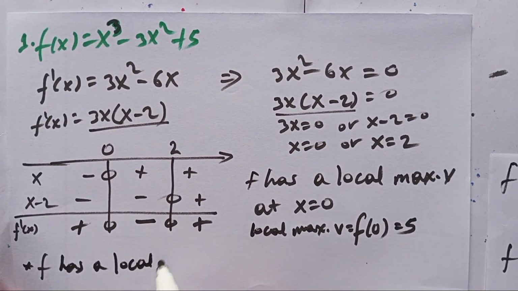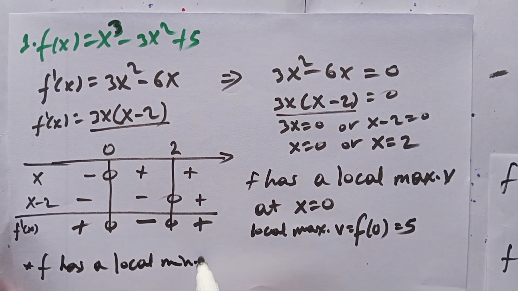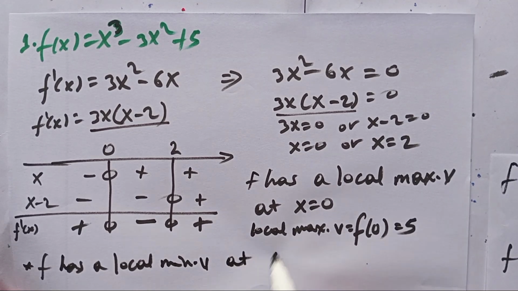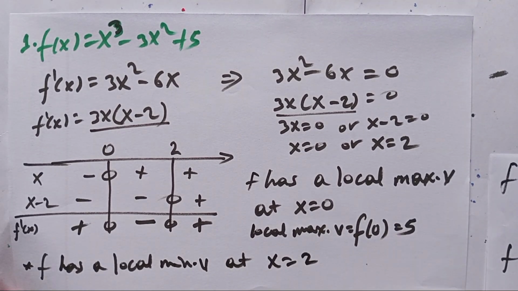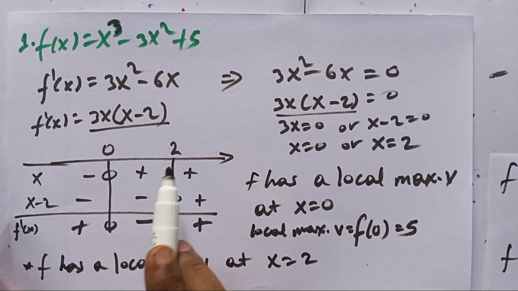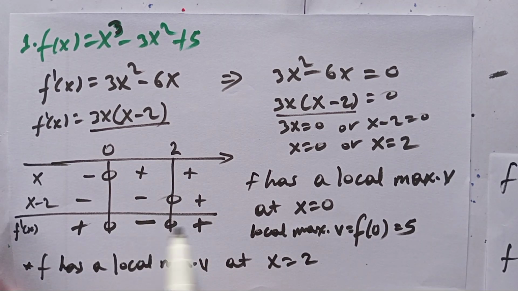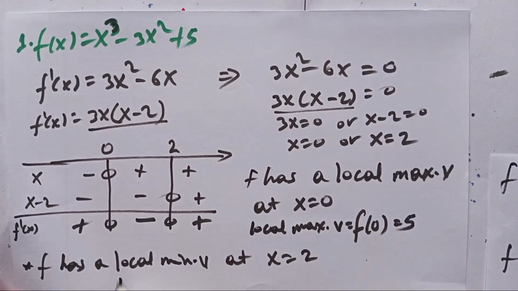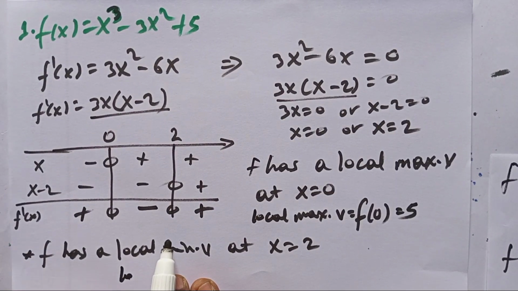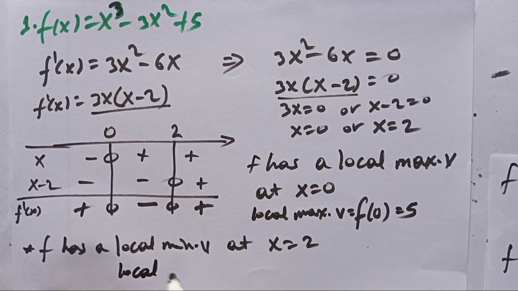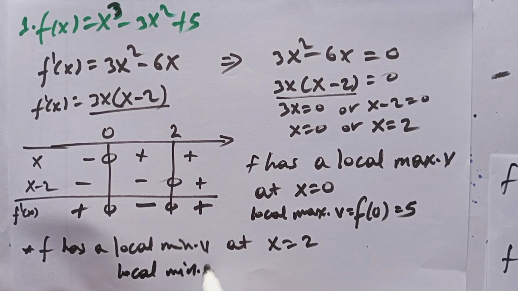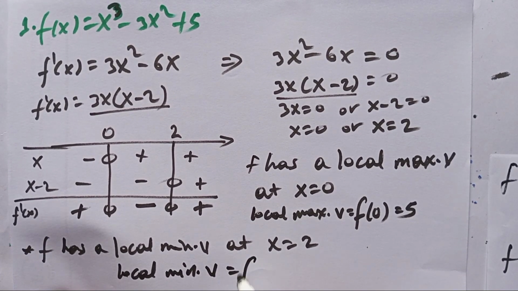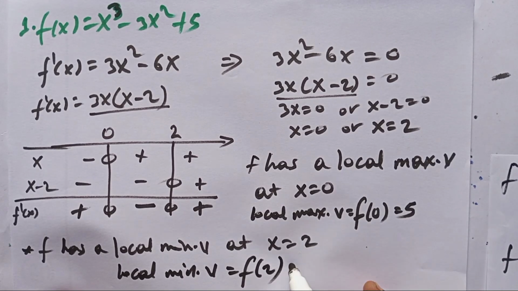Again, f has a local, or relative, minimum value at x equal to 2. Why? Because the first derivative changes from negative to positive at 2. So the local minimum value is f(2).